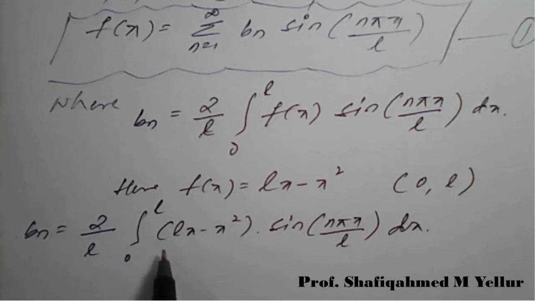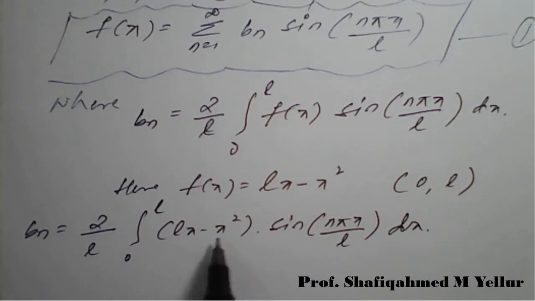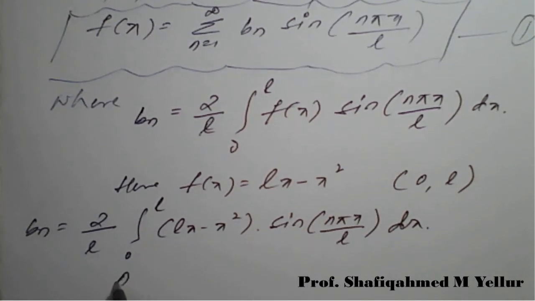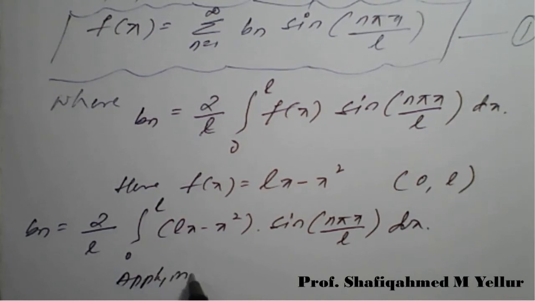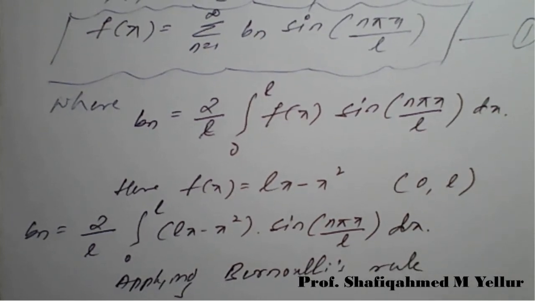Now this we will treat as u and this as v, that is uv, integration of uv by applying Bernoulli's rule of integration.